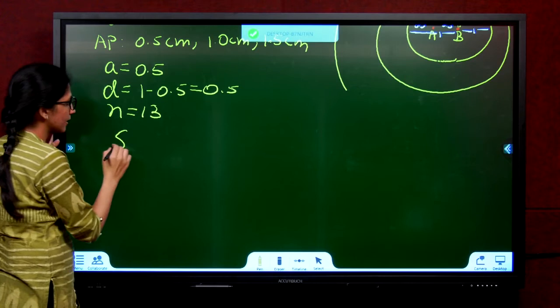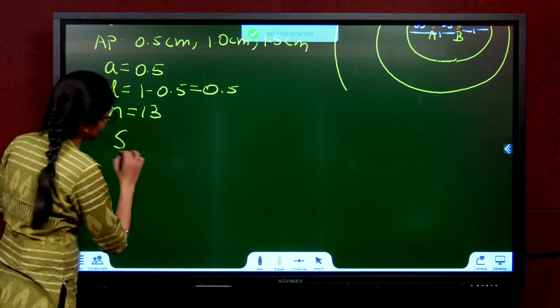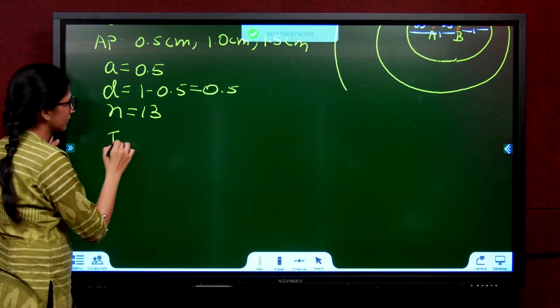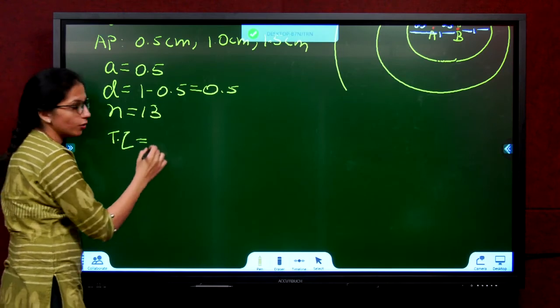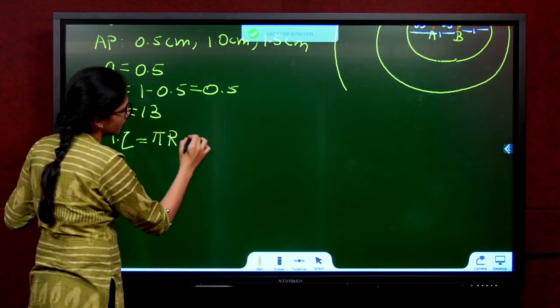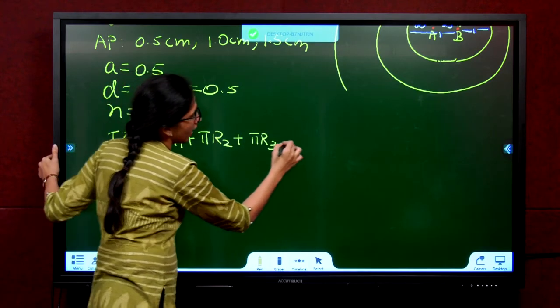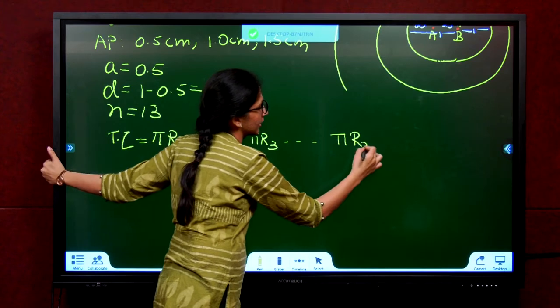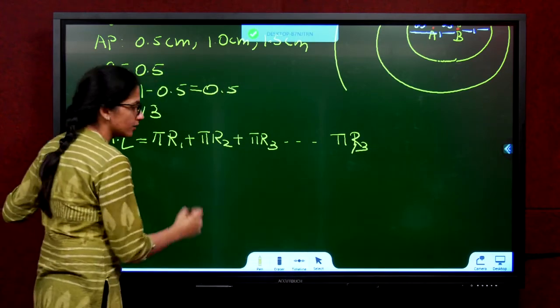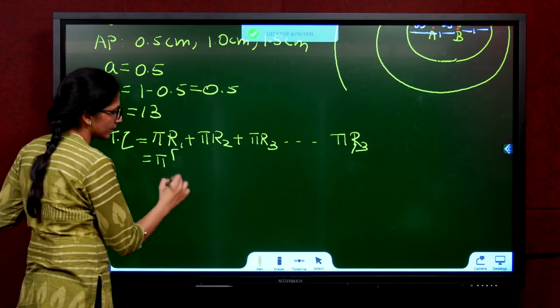So now, total length, written in words, is equal to pi r1 plus pi r2 plus pi r3 up to pi r13. You can take pi common.